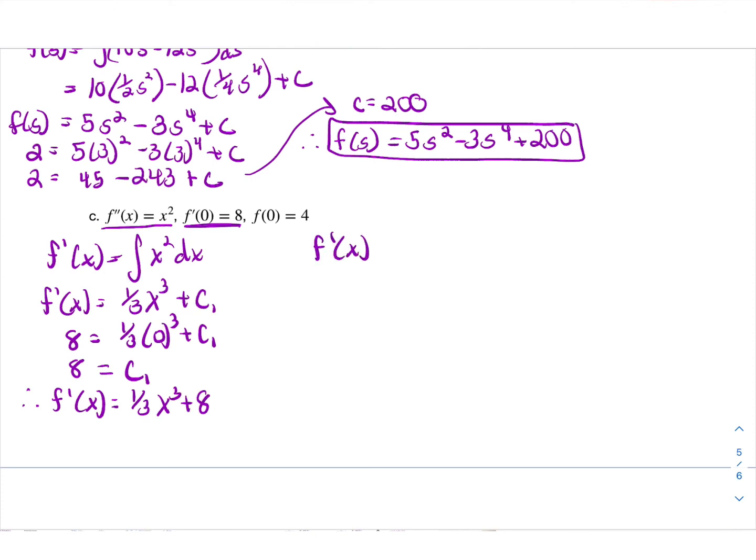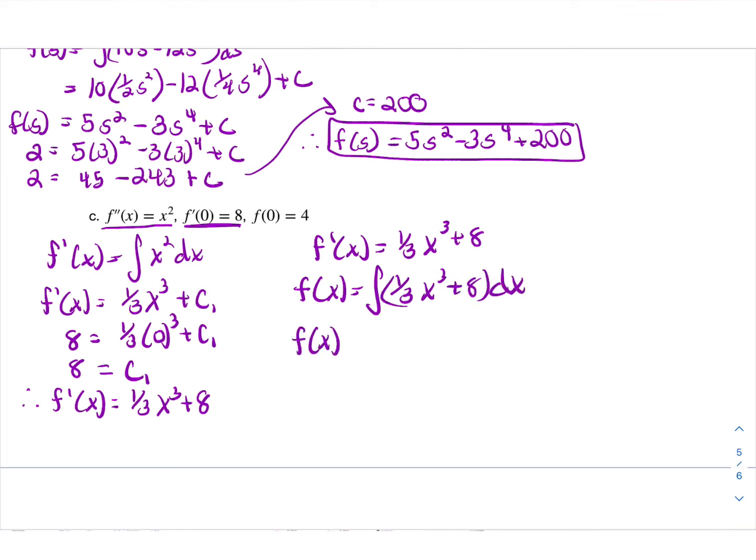Now to find my original function, I would simply integrate my first derivative equation. So f of x is equal to the integral of 1/3 x cubed plus 8 with respect to dx. So f of x is going to be equal to, bring the constant 1/3 out, times 1/4 x to the 4th, plus 8x plus c.